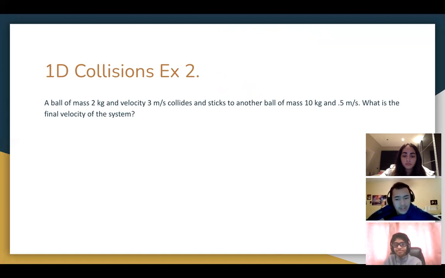Okay, so since they're sticking together, we know that the collision is inelastic.